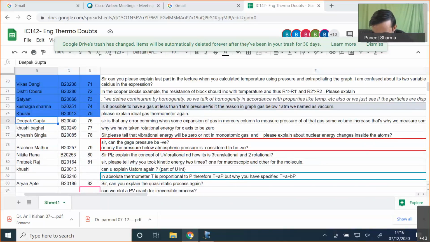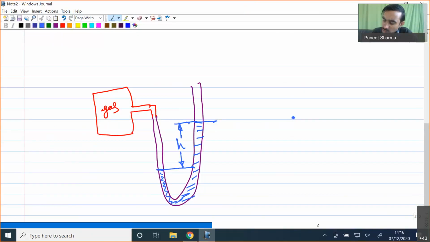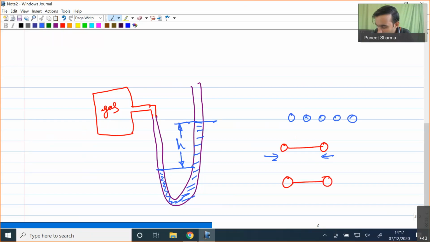But what I'll do is explain the concept of vibrational energy. Vibrational energy is nothing but the motion of molecules at any location. If we have a number of molecules, it is not the case that they will always remain stationary at their location. For example, if I take an oxygen molecule, it may move in this direction, or it may go like this, or one molecule may travel towards the left and another towards the right.